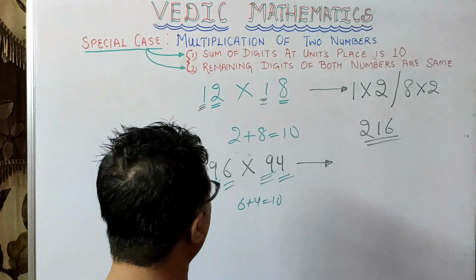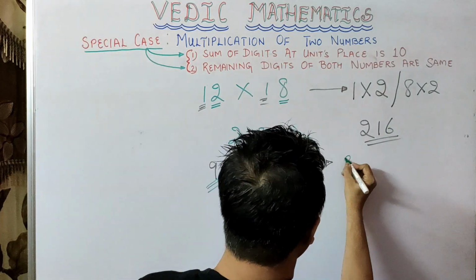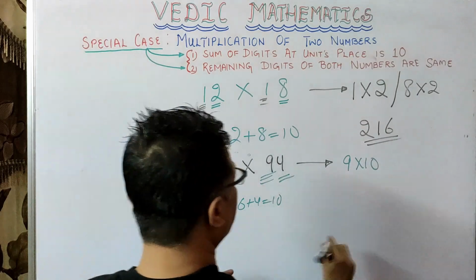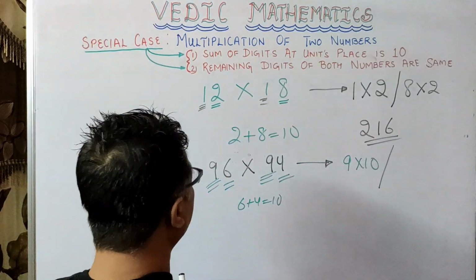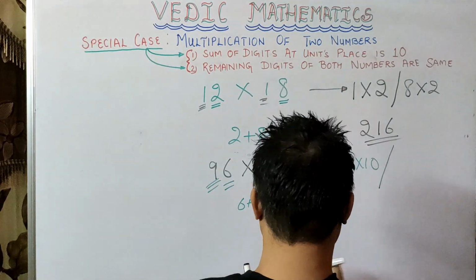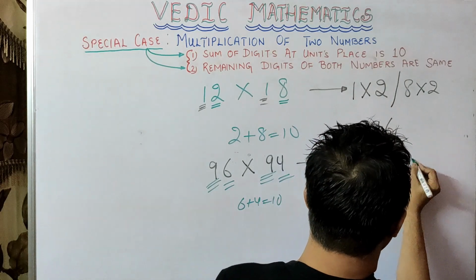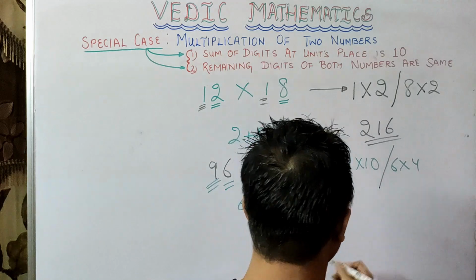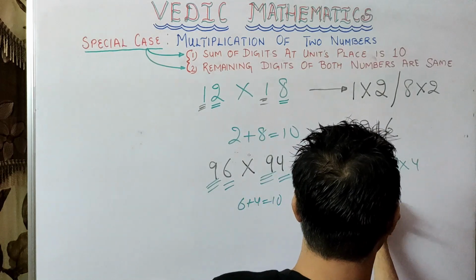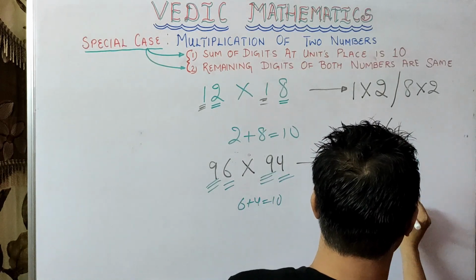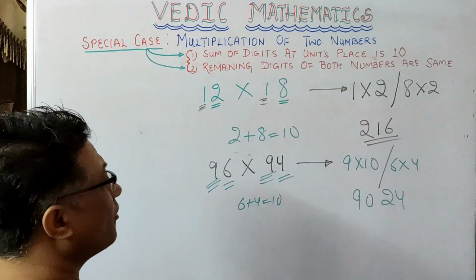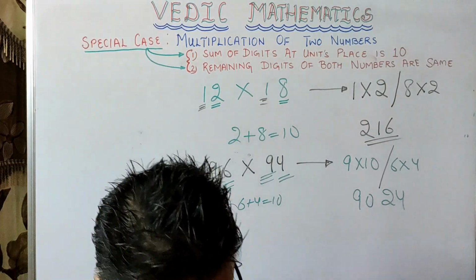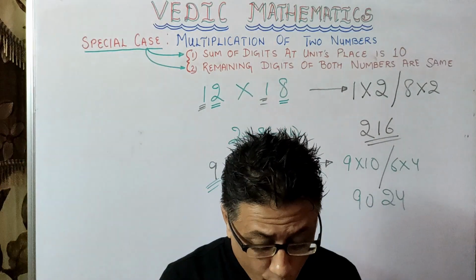So the conditions are fulfilled. Again 9 multiplied by 10 for the first part, and then you have 6 multiplied by 4 for the second part. Means your answer is 90, and here you get 24. So your answer is 9024.